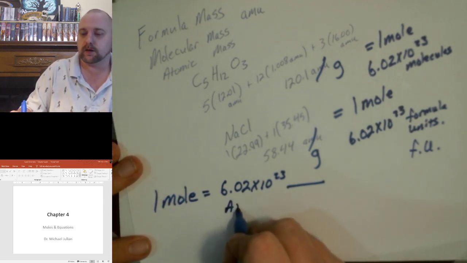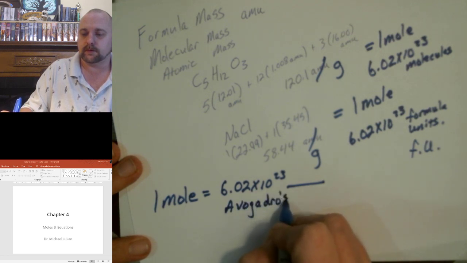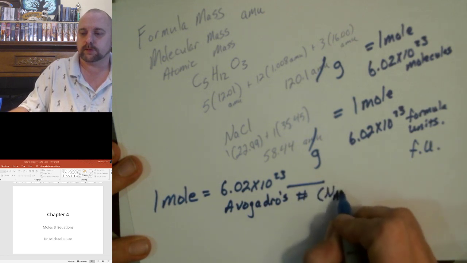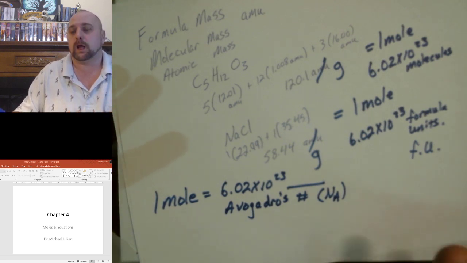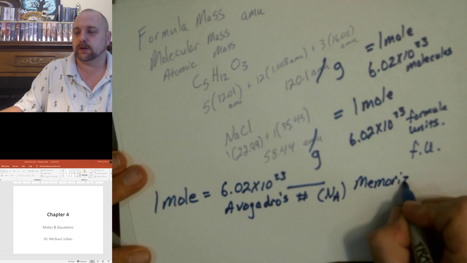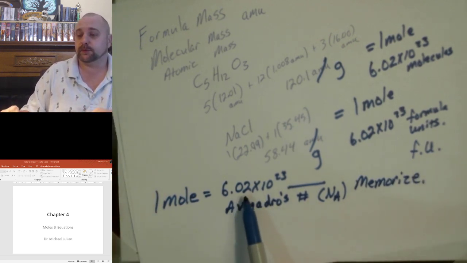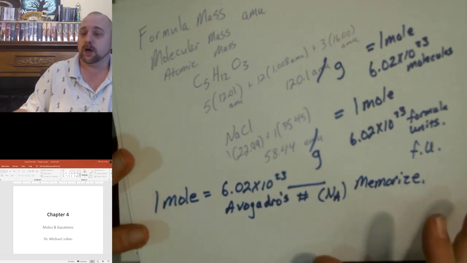This is Avogadro's number, abbreviated N subcapital A. Number of Avogadro. You get to memorize Avogadro's number. So Avogadro's number is 6.02 times 10 to the 23rd. I want you to memorize it.